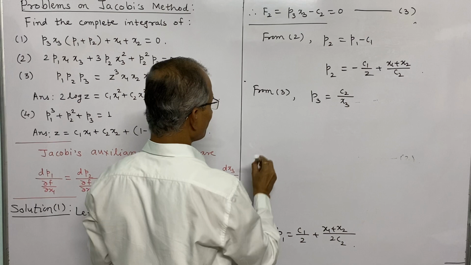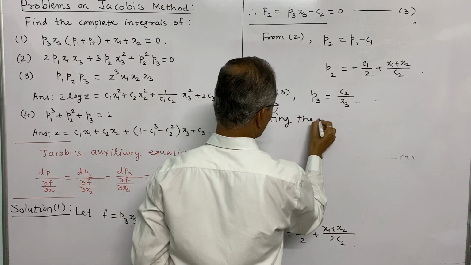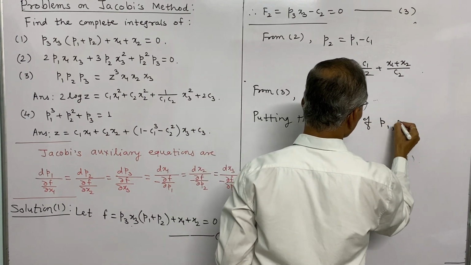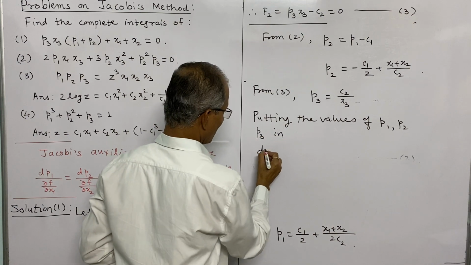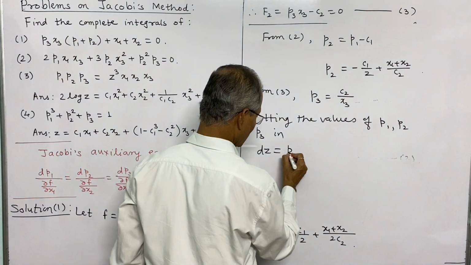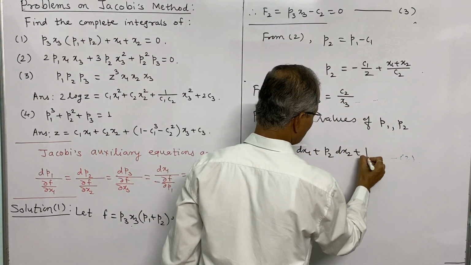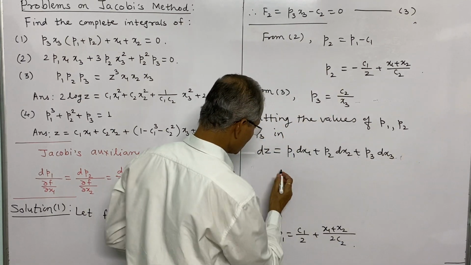Now putting the values of P1, P2, P3 in total differential of Z. Total differential of Z we have seen, it is P1 dx1 plus P2 dx2 plus P3 dx3, and just put the values.